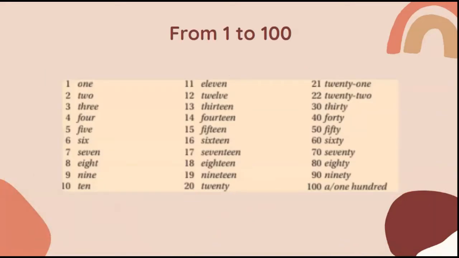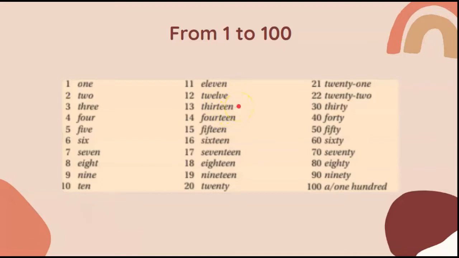Well, let's begin with the basics. First, we have numbers from 1 to 12. We need to remember all these numbers. And then we start with this termination, which is the teen. Okay?